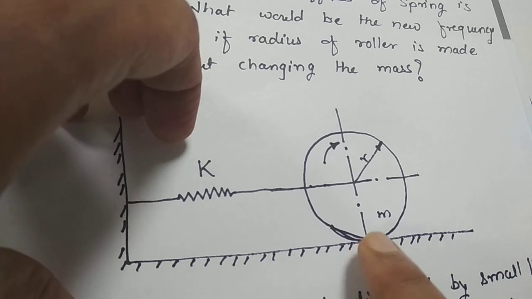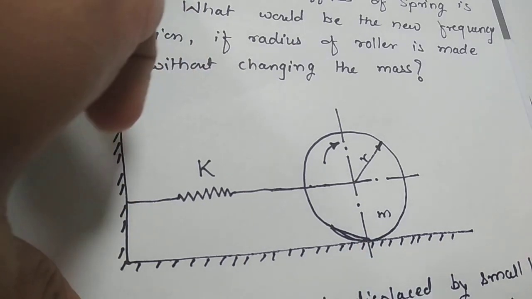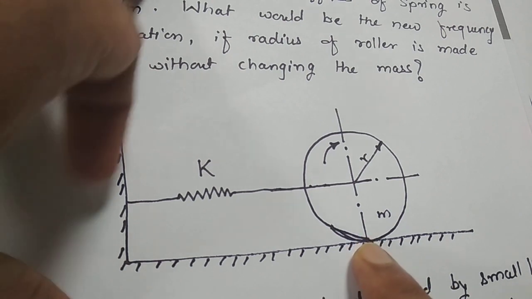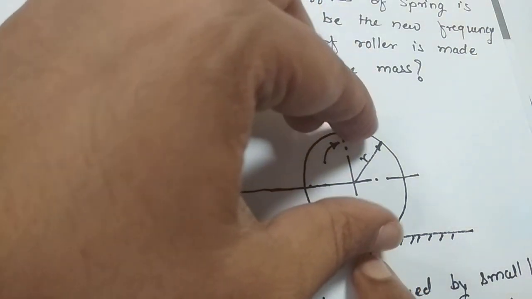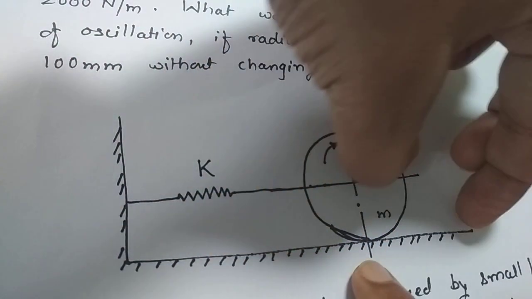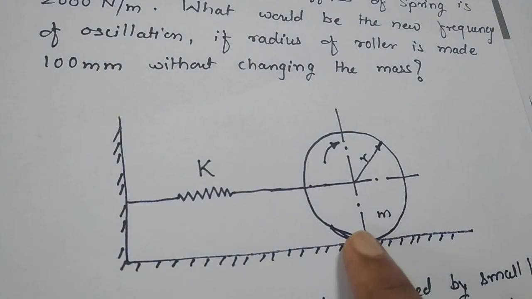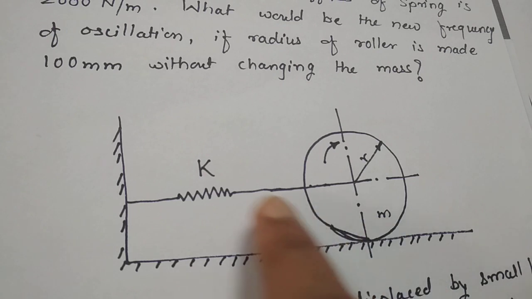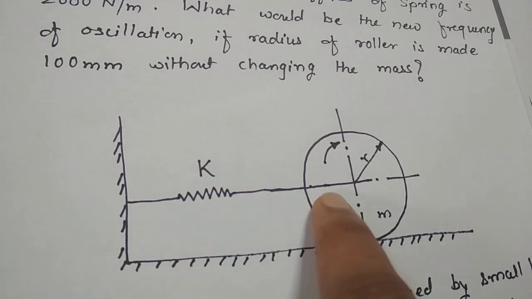Means the kinetic energy will be the combination of the kinetic energy of the roller in rotary motion as well as in linear motion. Okay, and at the same time this spring gets stretched.